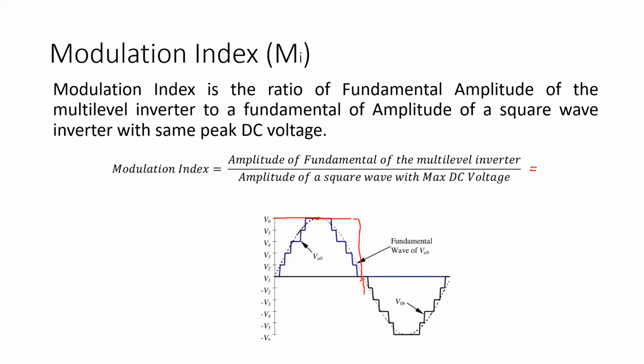If you have V6 voltage, this is the square wave inverter output if you give V6 to that square wave inverter. We take the fundamental of this waveform and compare it with the fundamental of our multi-level inverter waveform. That's what we do in the modulation index.